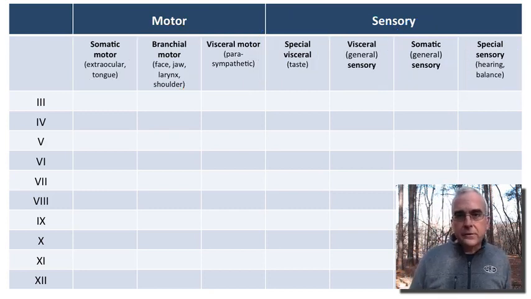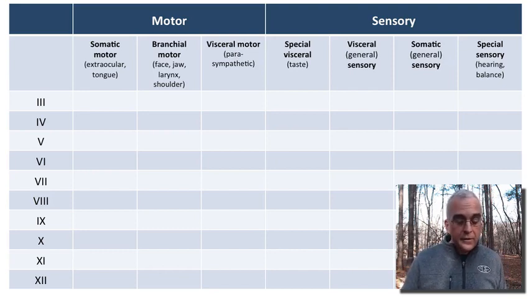What I'd like to do next is just walk through nerves 3 through 12 and identify which components we find associated with each. So beginning with nerve 3, our ocular motor nerve. What we have in the ocular motor nerve is a somatic motor function and a visceral motor function.